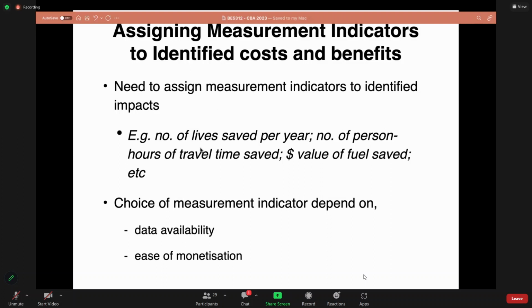Human life. There has to be some way of doing it. You need to have data available to do that. So how much value would you assign there? Likewise, right?